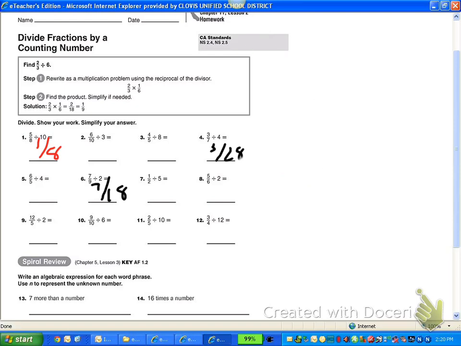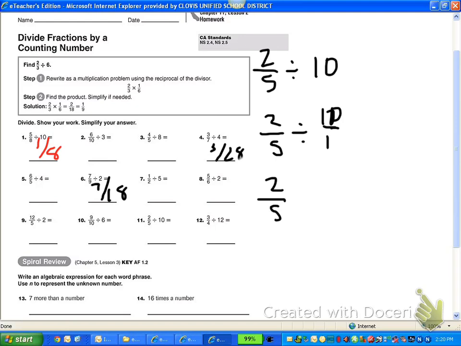Number 11, 2/5. Divide it by 10. Put the 10 over a 1. Keep, flip, change. Get 2 over 50.